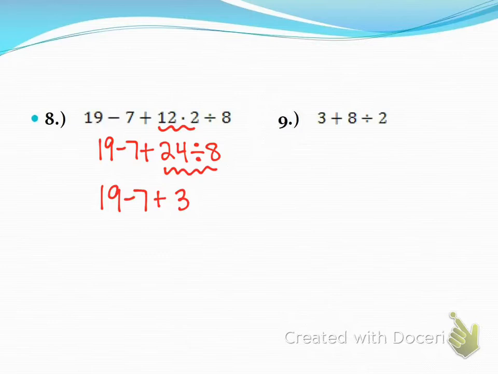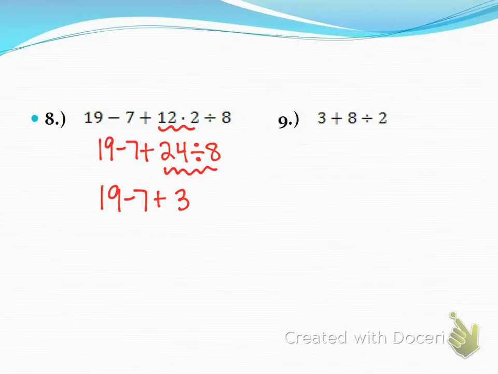What should happen next? 19 minus 7. Why? Janaya? Ooh, I agree with 19 minus 7. Why is that? Because it comes first from where to where? From left to right. So addition and subtraction are ranked the same.